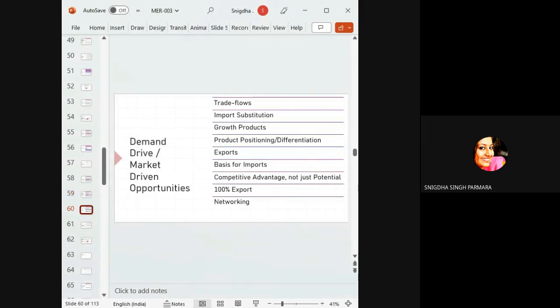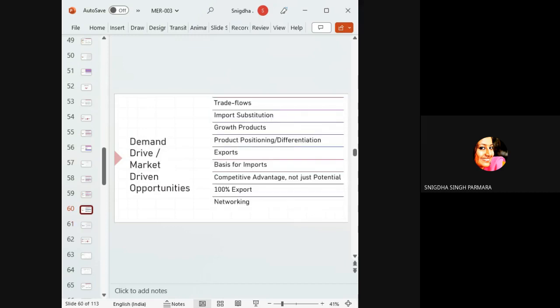Then what are the demand driven, market driven opportunities? For instance, if we talk about market driven opportunities, then we need to identify factors such as trade flows, in the sense, what is the inflow or outflow that you will receive from an investor.